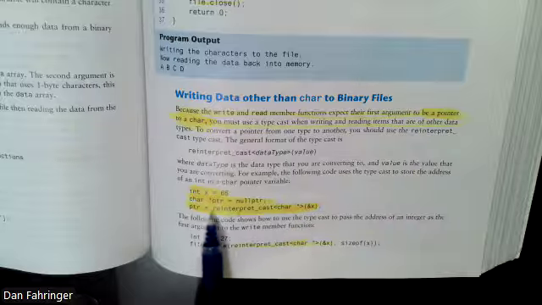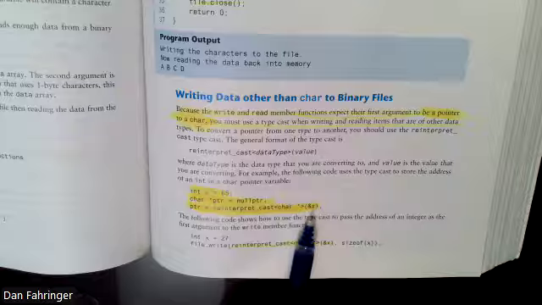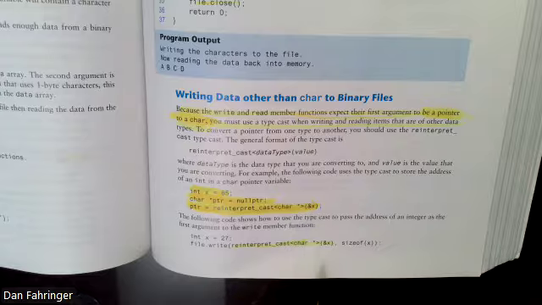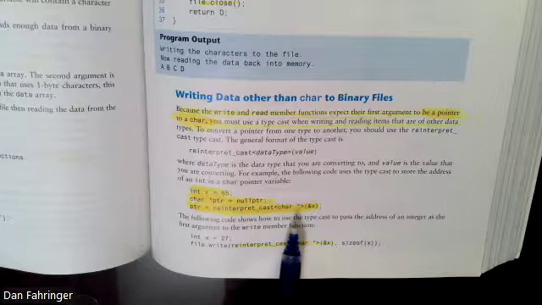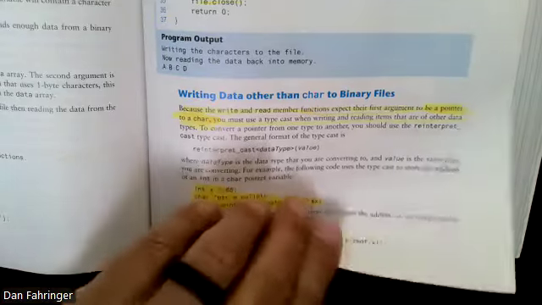I reinterpret it as a char pointer at the address of x. This is how I cast it into being what I want it to be.